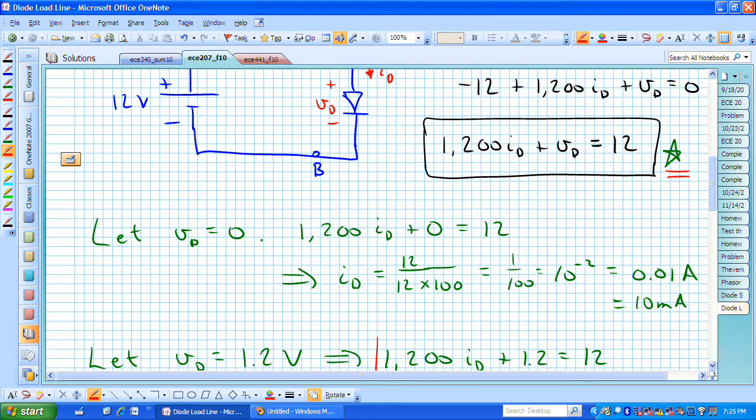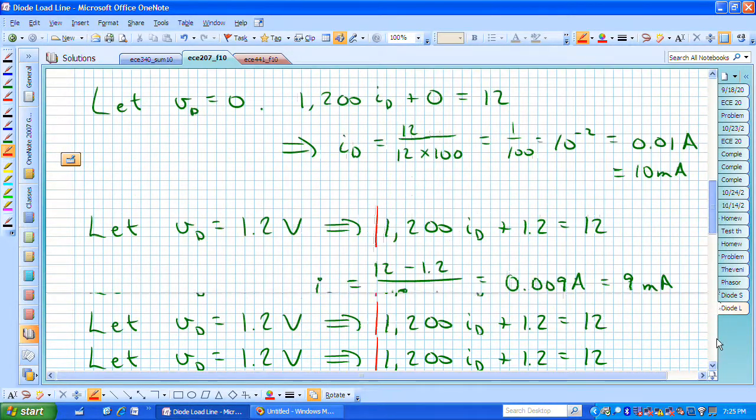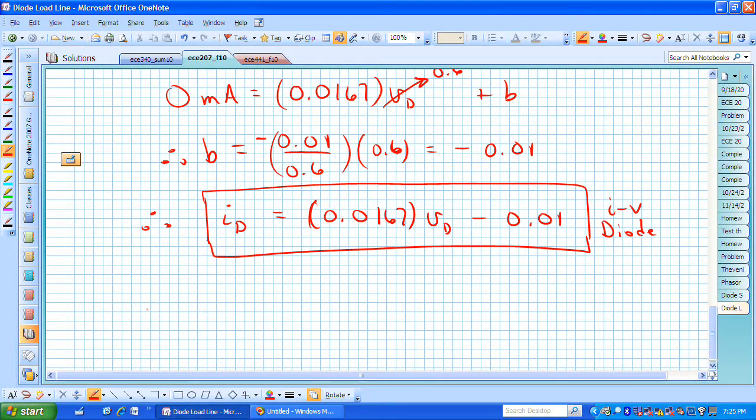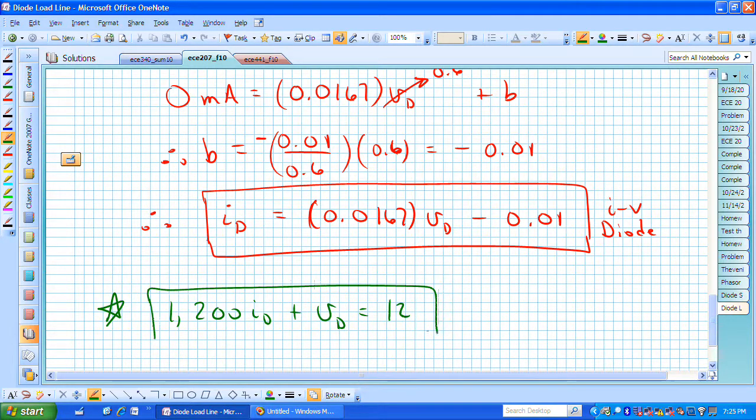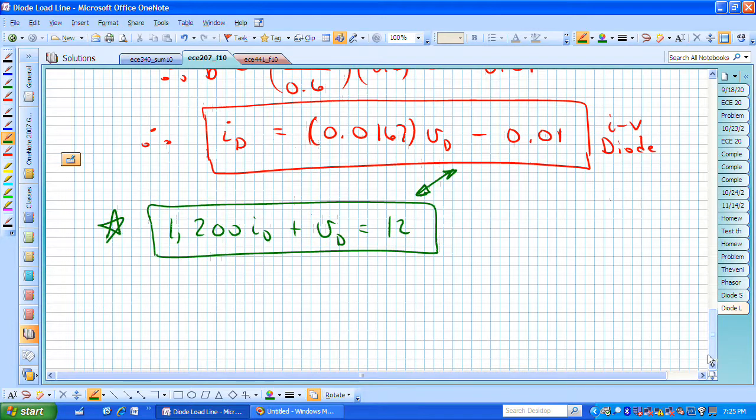So we have 1200 I sub d plus V sub d is equal to 12. We can now put those 2 together, and we have the two equations. Now we can simultaneously satisfy those two equations and end up with our desired values for I sub d and V sub d.